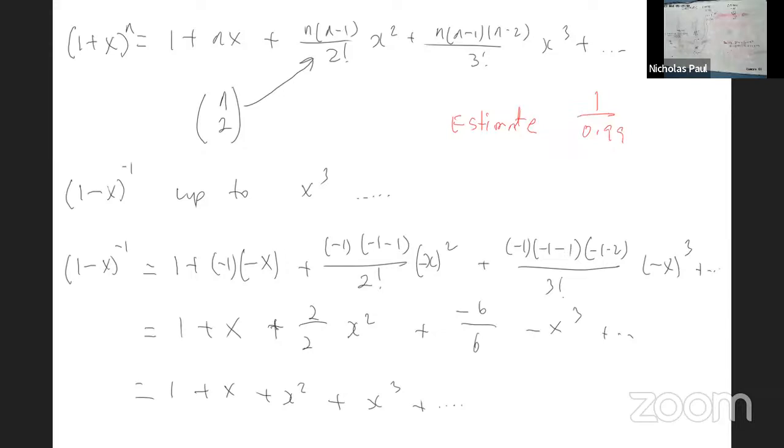Suppose I wanted to estimate a value for 1 over 0.99. What can we do? Of course, we need to use the expansion, hence estimate 1 over 0.99. Any ideas?